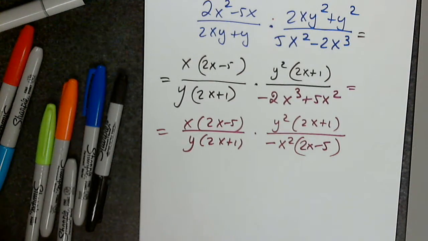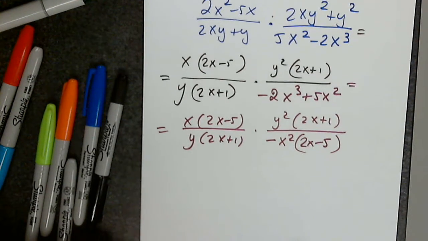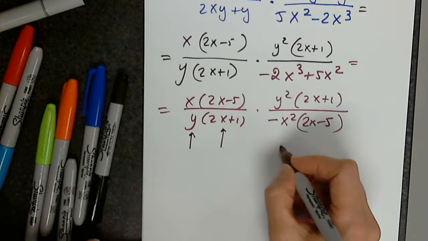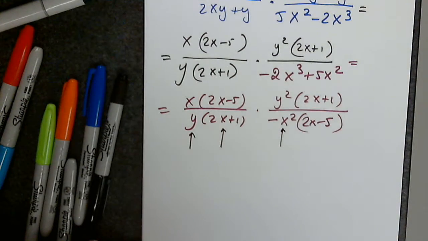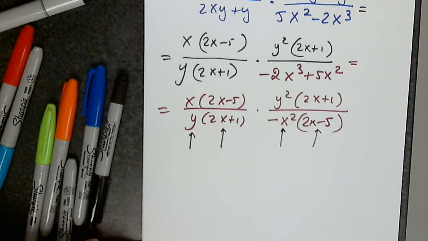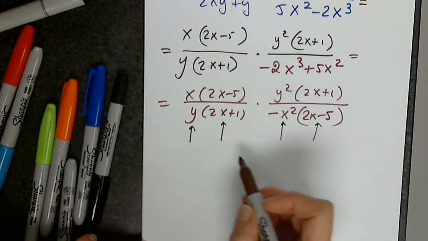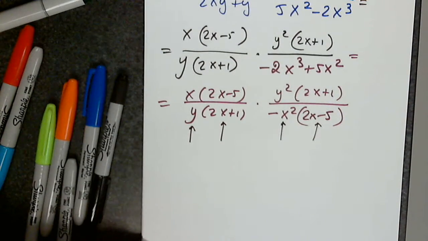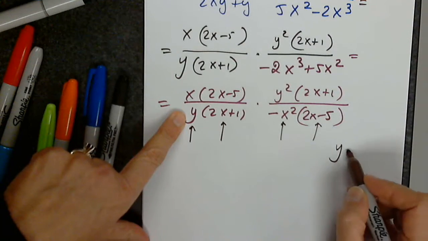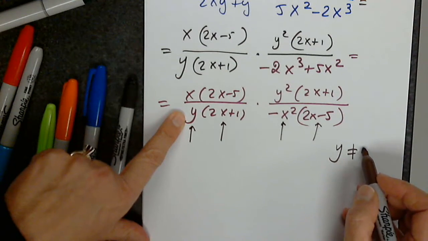Okay, so now I have to state how many restrictions. The answer is 1 from here, 1 from here, 1 from here, and 1 from here. No restrictions for the numerator. So, please give me 4 restrictions. For this, what would you say? 0. 0.